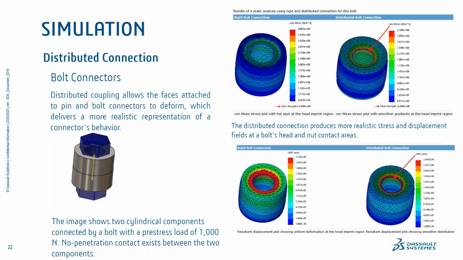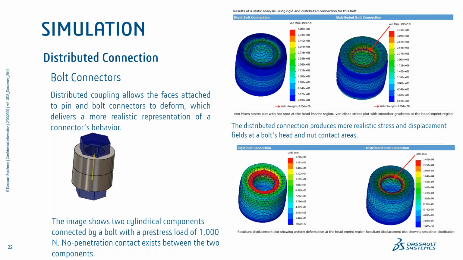SolidWorks users are happy to use virtual bolts, which help them avoid interferences, and they can add all the details, or they can directly convert from toolbox components. But what used to happen when you use the virtual connections or virtual bolts is that it gave a rigid connection from the head of the bolt to the nut connection. So it used to be a rigid connection.